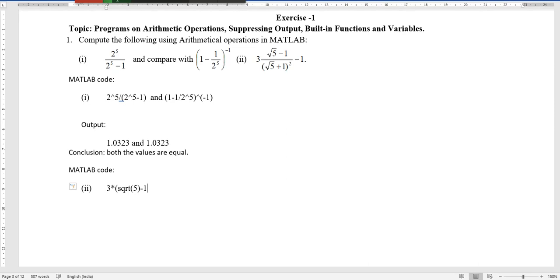Again the numerator is closed, that is why I am closing the bracket, divided by open bracket, sqrt of 5 plus 1. Then the denominator power caret 2. So this value is totally calculated. I will write it under some brackets, because I will subtract the value with minus 1. This is the code.